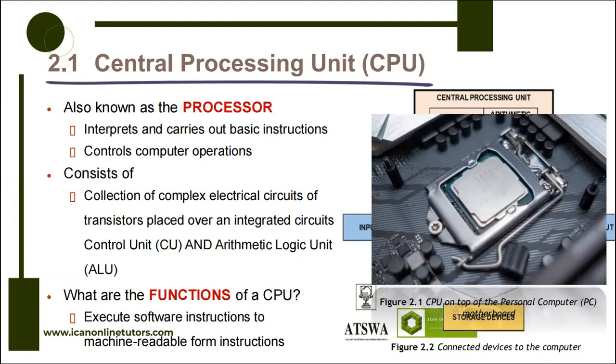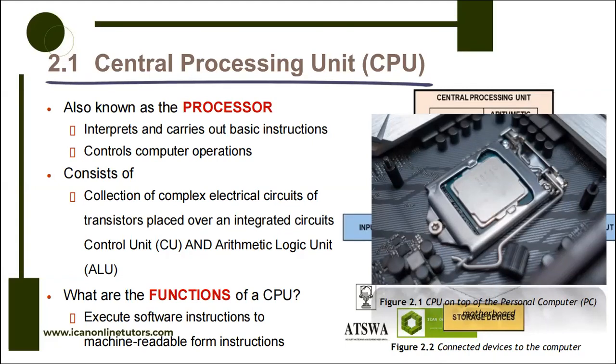Now, the diagram that we have here, diagram 2.1, shows the CPU on top of the personal computer motherboard. Looking at that image, we have a motherboard that is housing our CPU. And this CPU is like the brain of your computer.